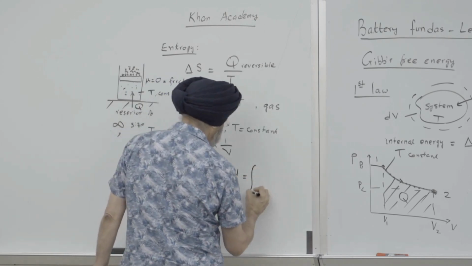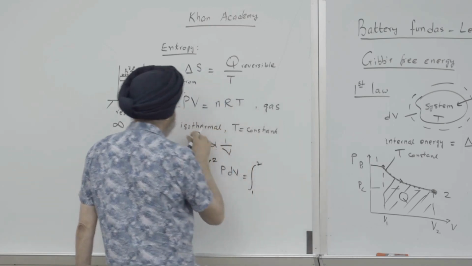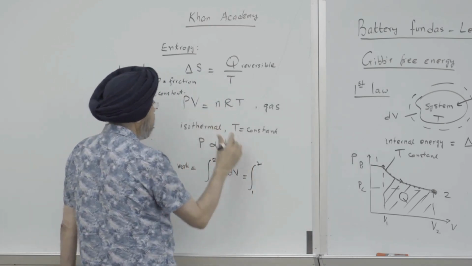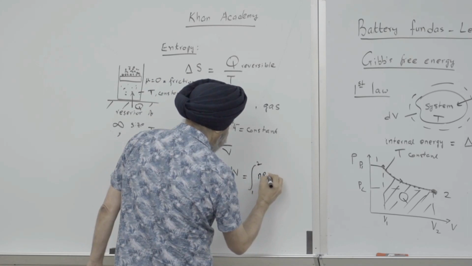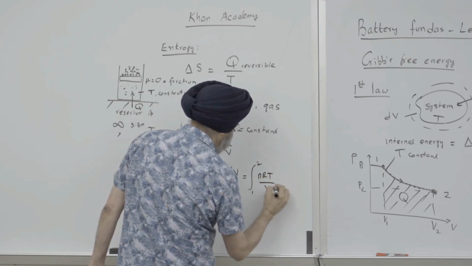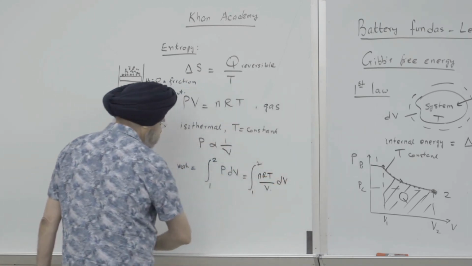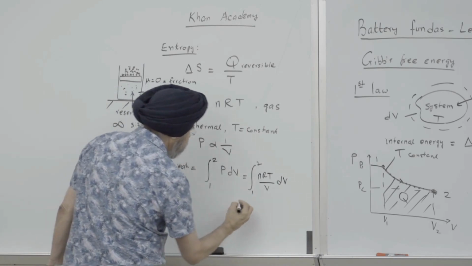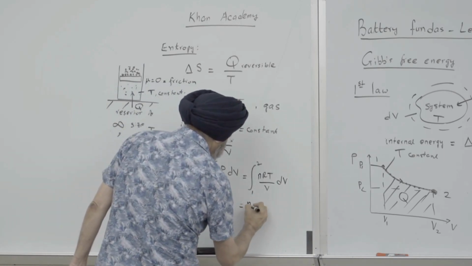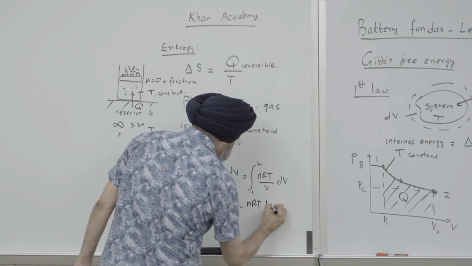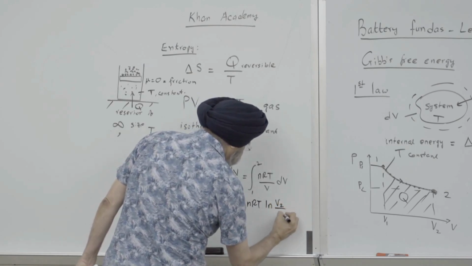Now we know from the ideal gas law that P is nRT over V, and then we have dV. So this would be, let me just write down the answer, nRT log V2 over V1.